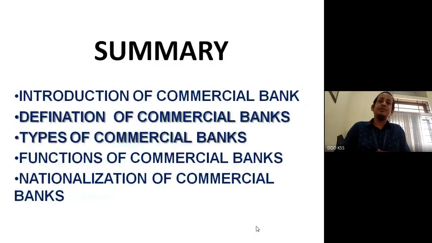Now this is basically the summary of the session. Today in this session we have discussed the commercial bank, how banks came into existence, and a little bit of detail about commercial banks. Then we discussed the concept of commercial bank through its definition.